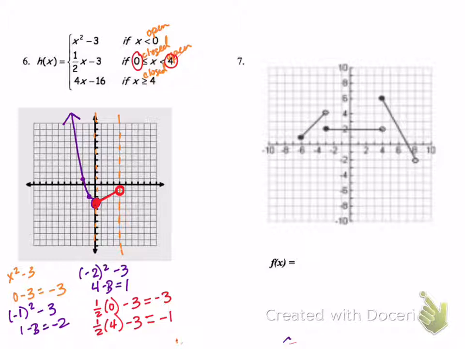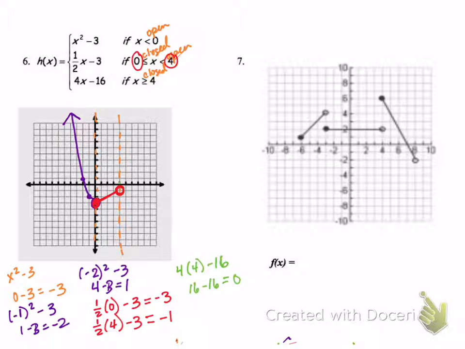The last one is 4x minus 16. What value do I need to plug in there? 4. So I take 4 times 4 minus 16. That gives me what? 0. So 16 minus 16 gives me 0. So when x equals 4, y equals 0, is that an open or closed circle?